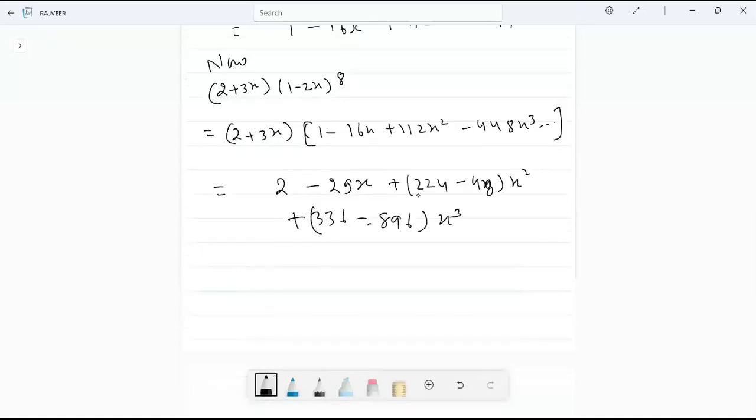We just need to simplify 2 minus 29x and do the calculation.